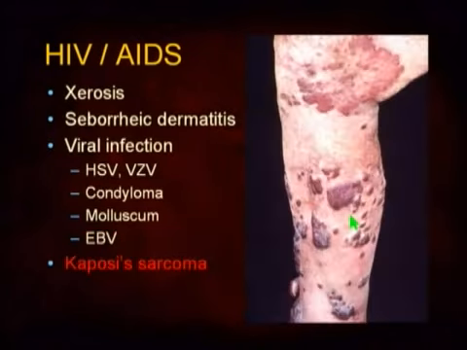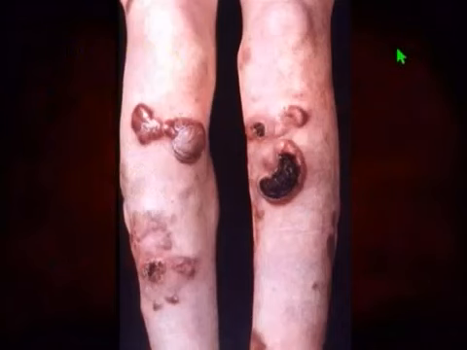And then finally, Kaposi sarcoma. So remember, this is a vascular proliferation attributed to HHV8. And here you can see on this patient's leg those vascular purplish tumors. Here again, another example of Kaposi sarcoma with these vascular tumors on the patient's leg, and the patient's even developed an ulceration here.